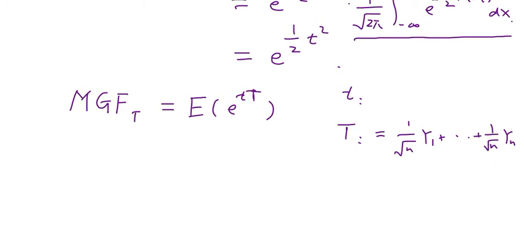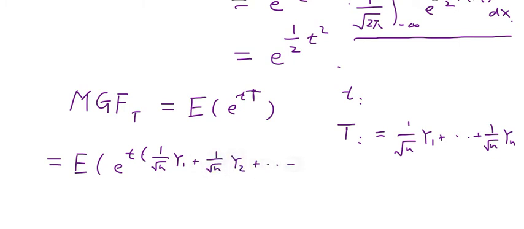So tT equals t times this sum: 1 over root n y1 plus 1 over root n y2, and so on up to yn. So this equals this power plus this power.